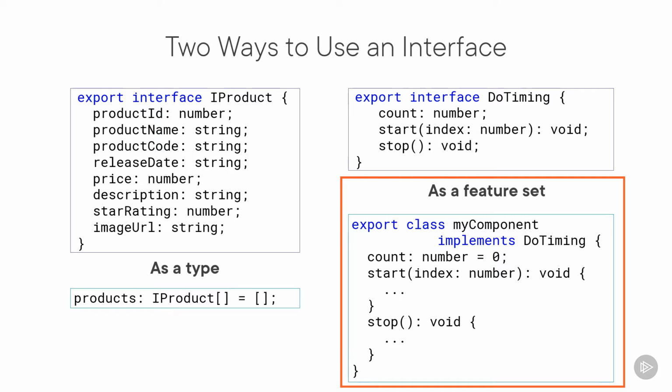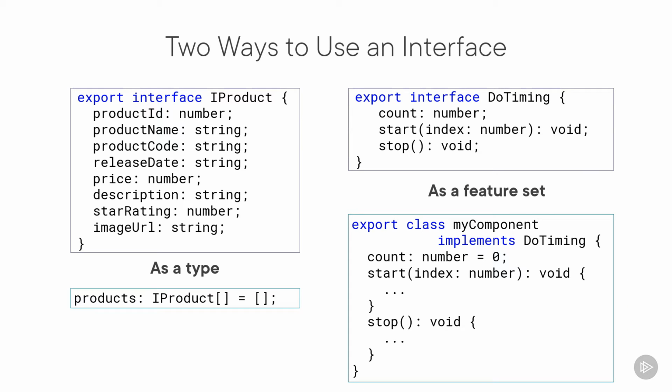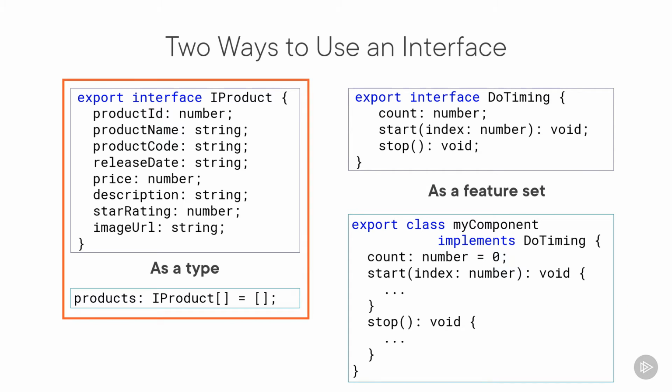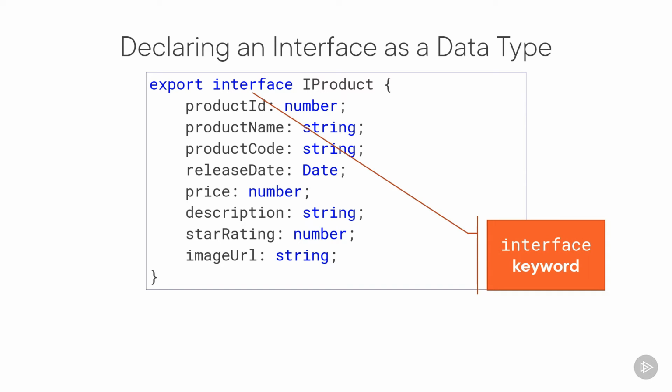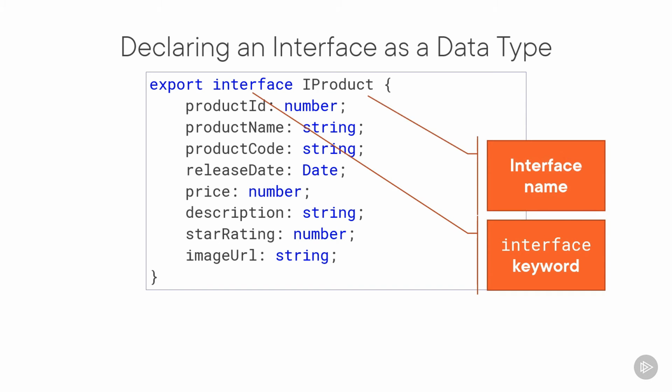This concept of implementing interfaces may seem a bit daunting at first, but we'll see several examples throughout the remainder of this course. For now, let's focus on using an interface as a data type. Here is an example of a TypeScript interface. We define an interface using the interface keyword, followed by the interface name, which is often the name of the thing that the interface describes.